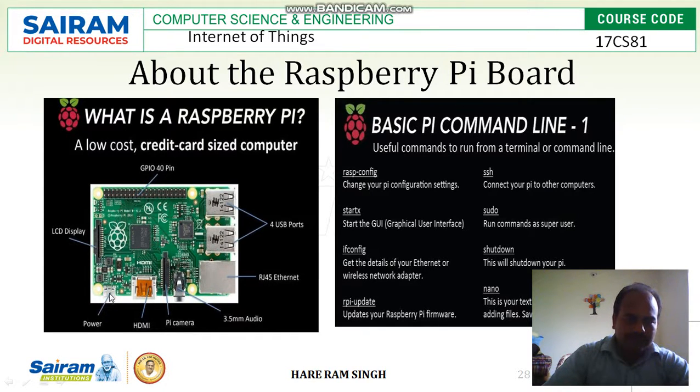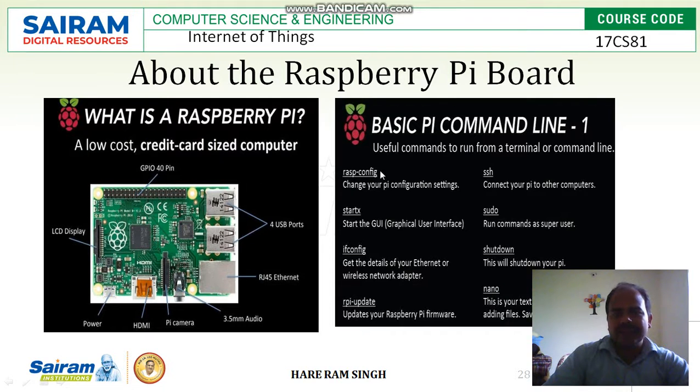Then the power button is there. HDMI port is there. Pi camera, one camera port is also there. A 3.5 millimeter audio jack is there. An RJ45 Ethernet port is there to run Ethernet, and four USB ports will be there. Four USB ports here also, so that anything you can connect and you can access the computer.